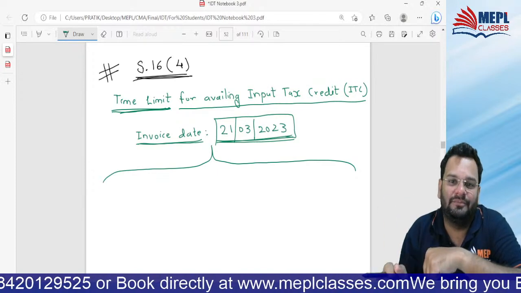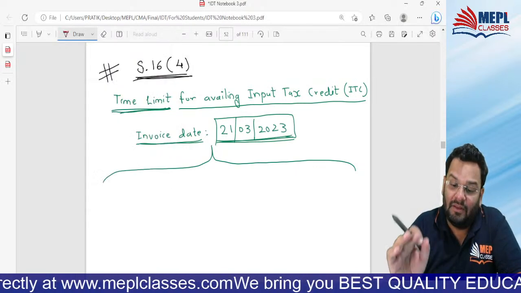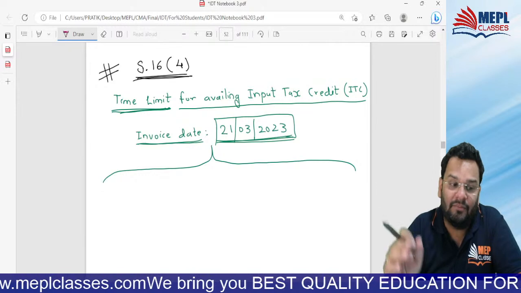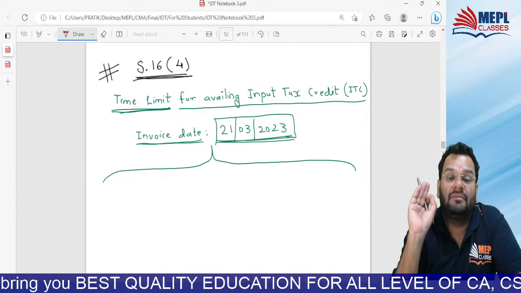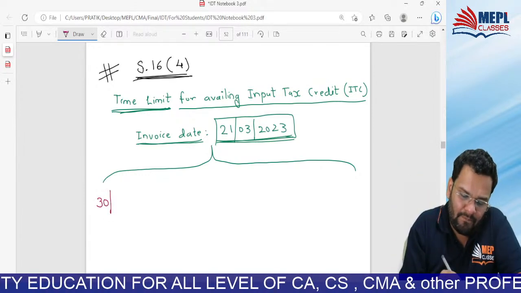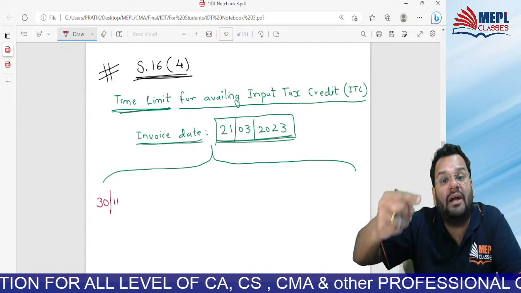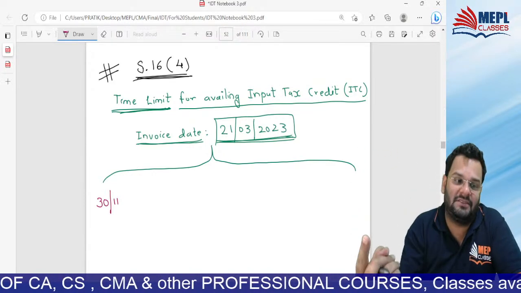That is the question. So this 16.4 says that the last date or the time limit for availing ITC is 30th November after the end of the financial year to which the invoice pertains.